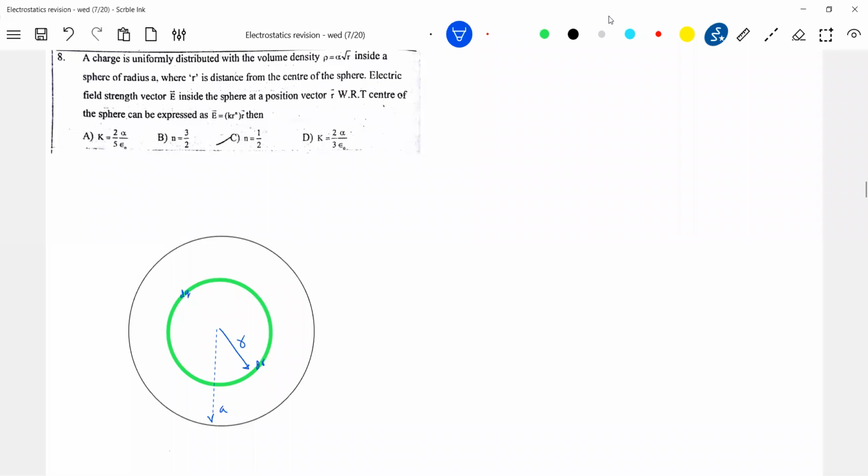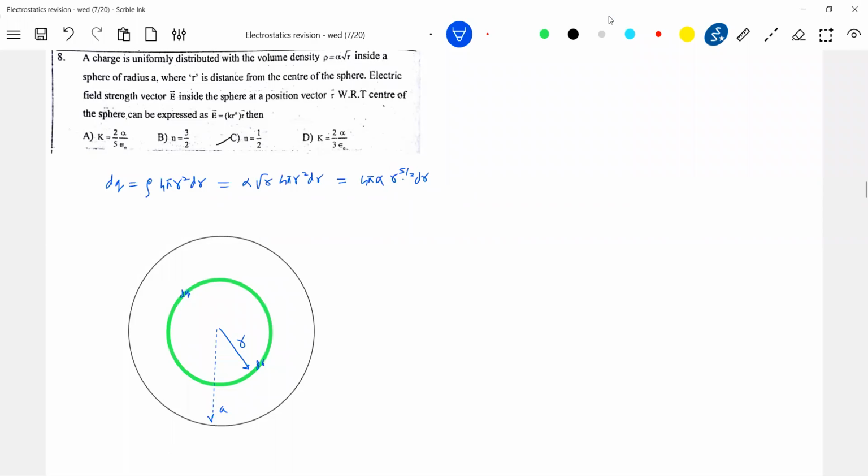Okay, fine, now you proceed with the mathematics. dq is equal to rho 4 pi r square dr. What is rho? Alpha root r. So it is 4 pi alpha r to the power of 5 by 2 dr, since 1 by 2 plus 2 gives 5 by 2. Okay, now this is the dq present.